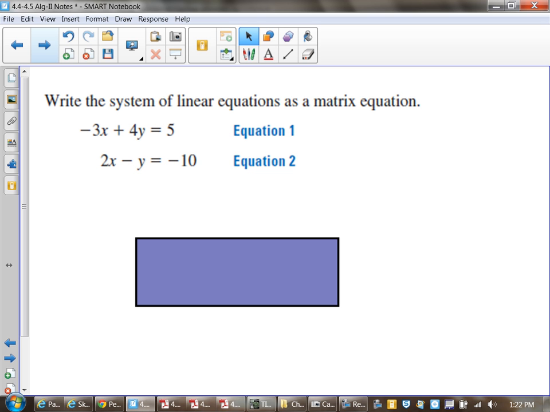Set up coefficient matrix equals solution matrix. That's all I want you to set right now. The solution matrix is just 5 and -10.